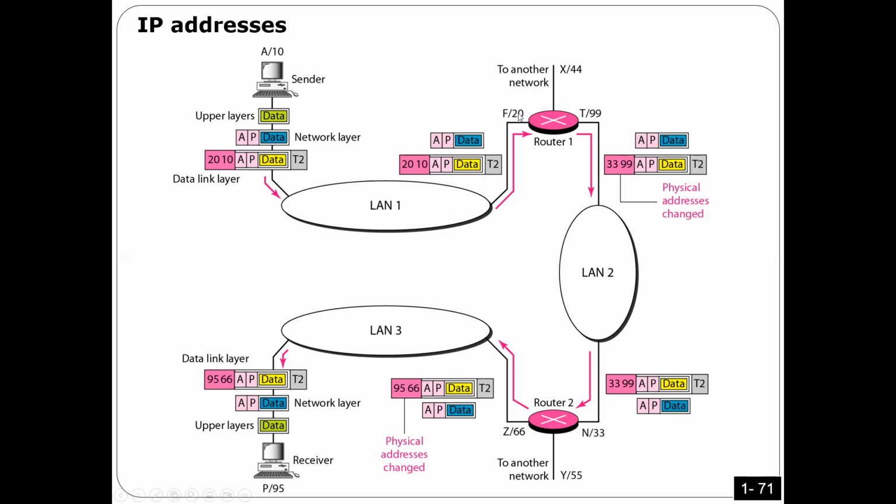In this LAN the MAC is 20, here the MAC is 99, the IP here is F, the IP is T, as you see here. Same thing to connect this LAN to this LAN, I add a router here. This router has an IP and a MAC here, and the same for this one. It has an IP, which is P, and also a MAC 95.